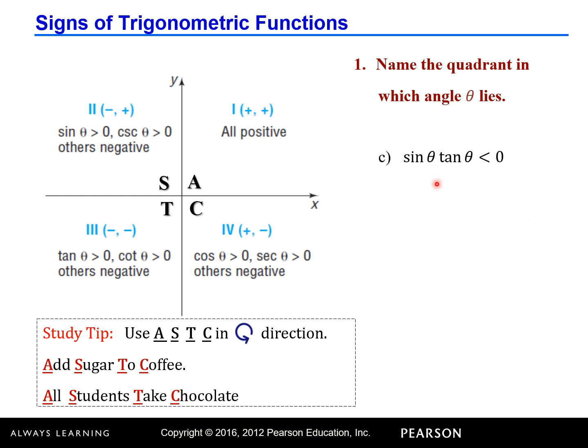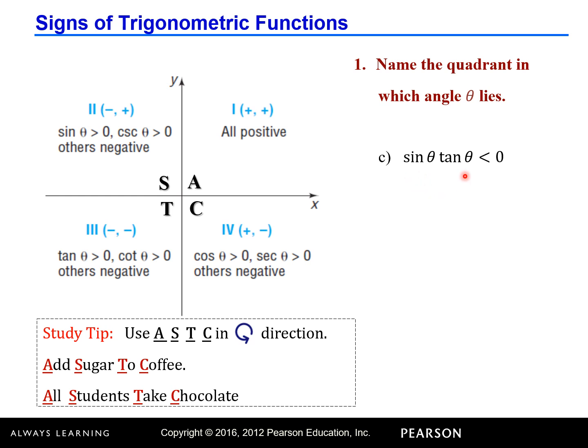In this third example, sine theta times tangent theta is less than 0. This product of sine and tangent, which is less than 0, looks like a quadratic inequality in form, so we have two cases here. First, if sine is positive and tangent is negative, and second, if sine is negative and tangent is positive.